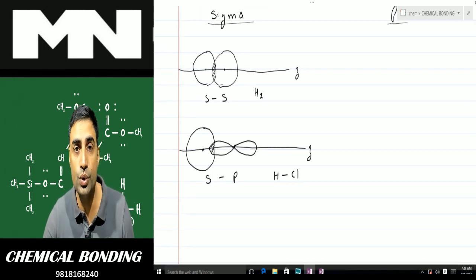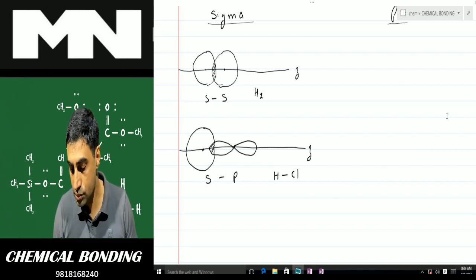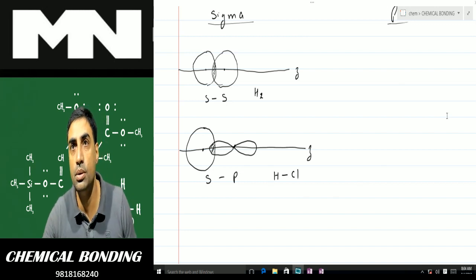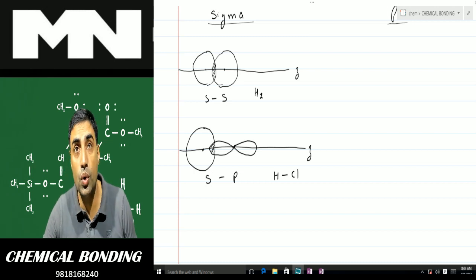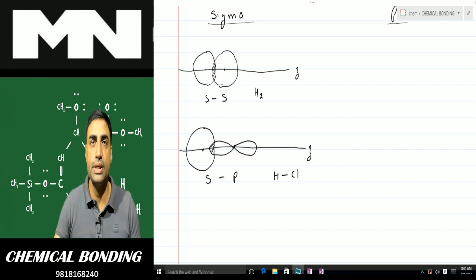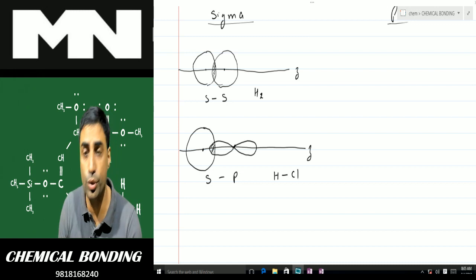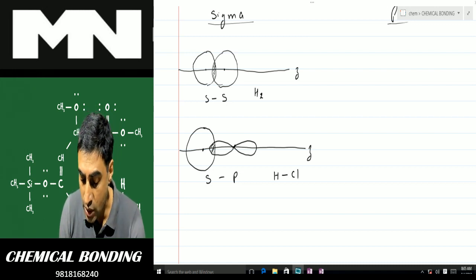Next, I will show you between p and p. Likewise, we can have another example like that of O2. So here in this case, I'll show you another example, not of O2, in fact O2 will take in pi bonds. I'll show you another example that is of Cl2.